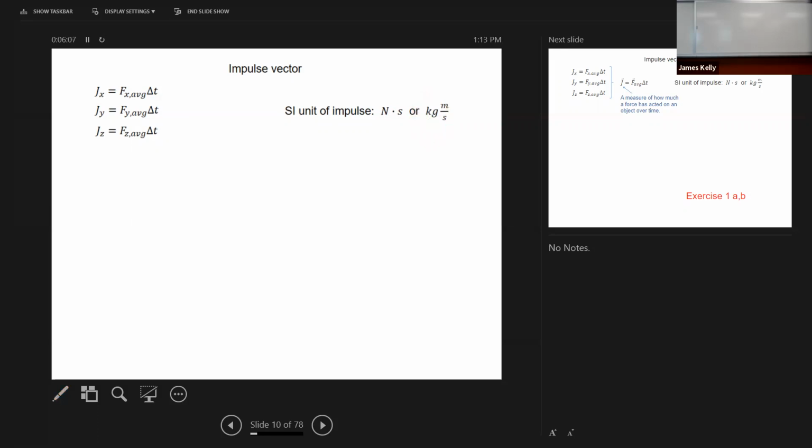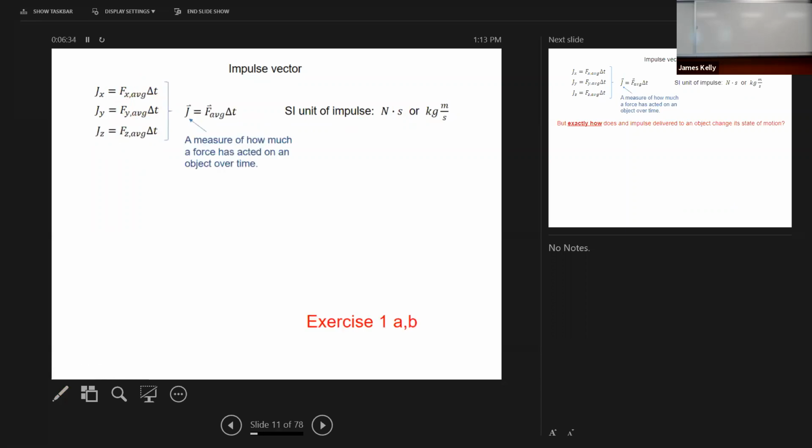We're going to use both of them interchangeably, and you have to realize they're exactly the same unit. There's no shortcut unit that people define for this. So we'll either put newton seconds or kilogram meters per second. Usually if I'm talking about an impulse, I will tend to use newton seconds because the very definition of an impulse is Fx times delta t, or Fy times delta t.